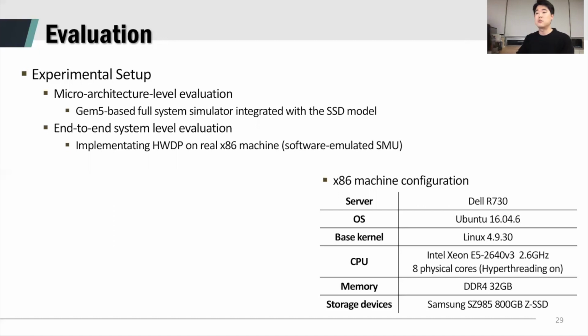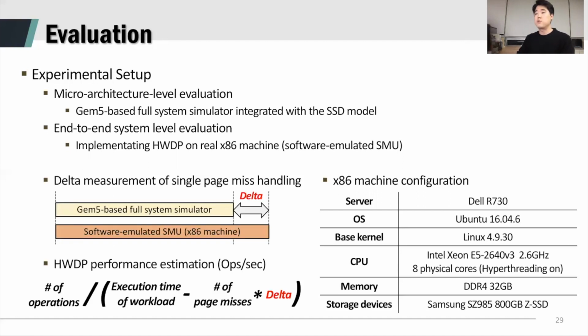In addition, to estimate the performance when our scheme is implemented in hardware, we adjusted the throughput results as follows. First, we measured the delta of single page mishandling latency between the two environments. Then we adjusted the throughput results by subtracting the delta, to reflect that page misses are handled in hardware.